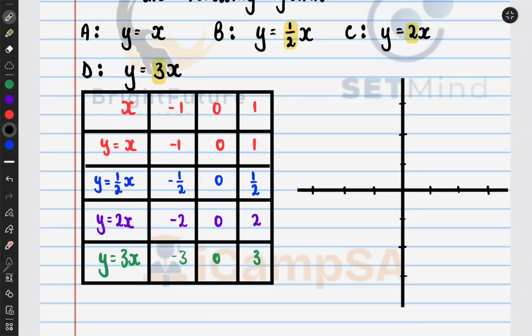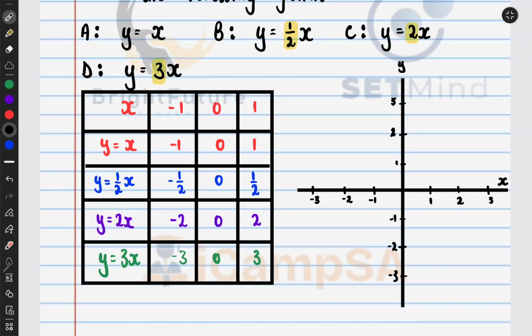Those are your x and y axes. Maybe I should put them in black actually. We're going to have 1, 2, 3, negative 1, negative 2, negative 3 on both axes.